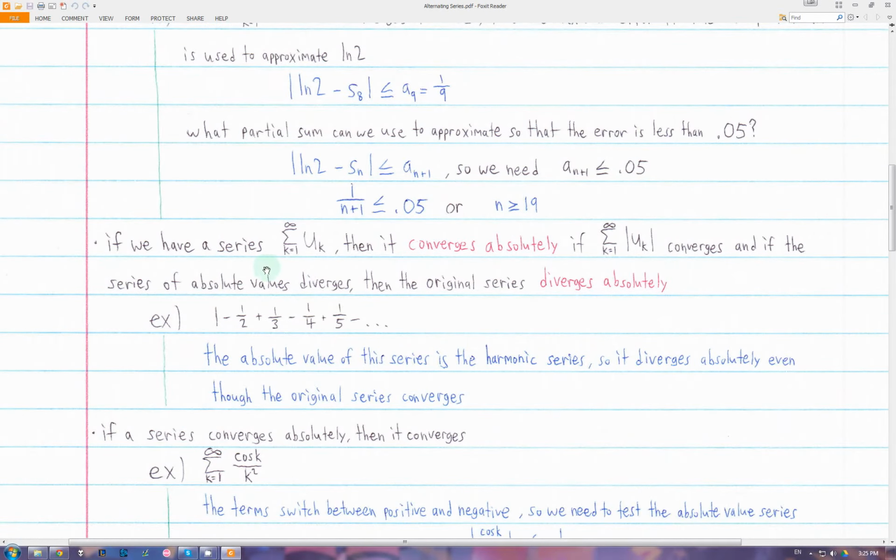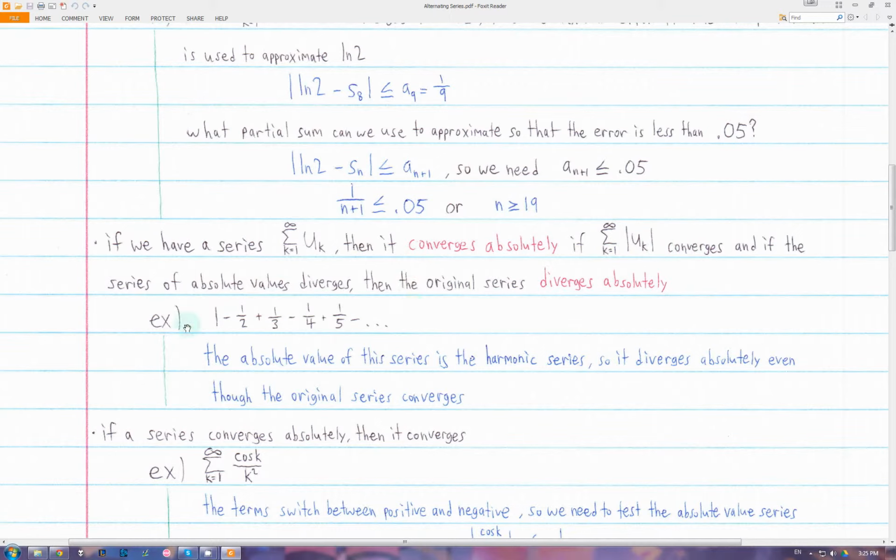And so if we have a series and we can prove that it converges if we take the absolute value of the general term, then it converges absolutely. And if the series of absolute values diverges, then the series diverges absolutely.